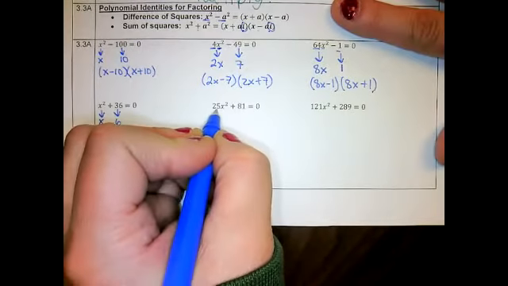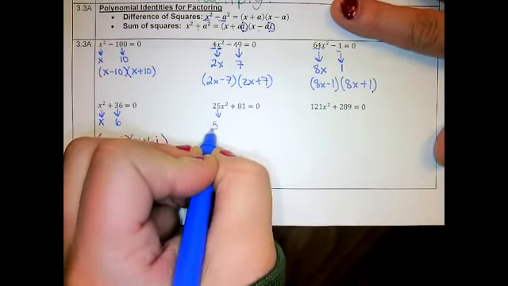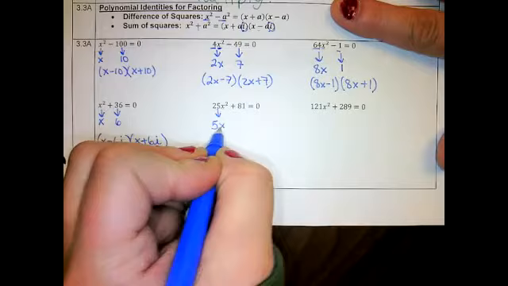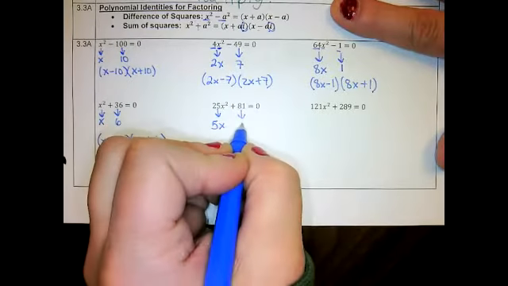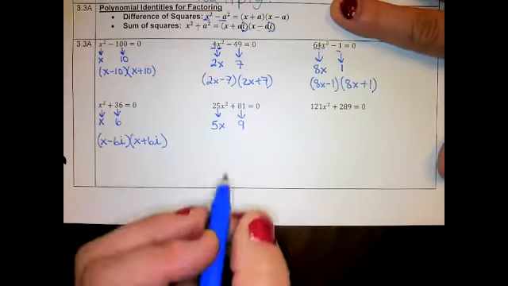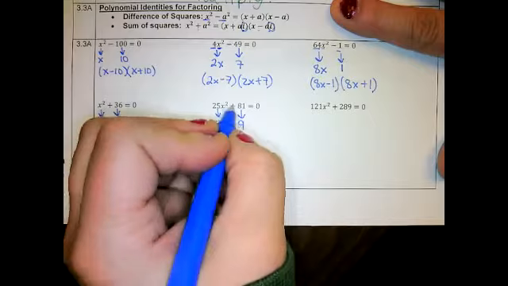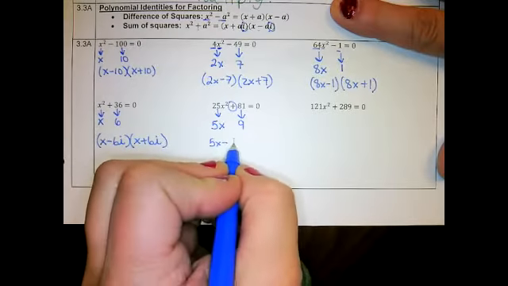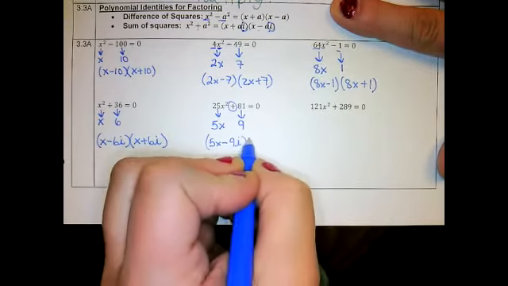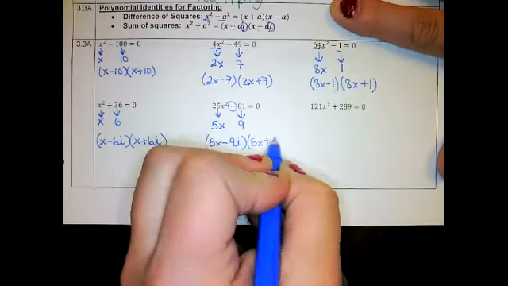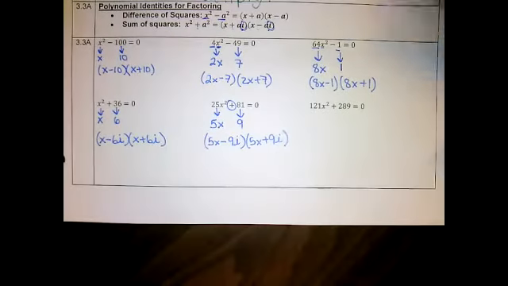So now I'm going to take the square root of 25, which is 5, and the square root of x squared, which is x, and the square root of 81, which is 9. So I get 5x, and because there's a plus sign between them, it's going to be minus 9i, and 5x plus 9i.